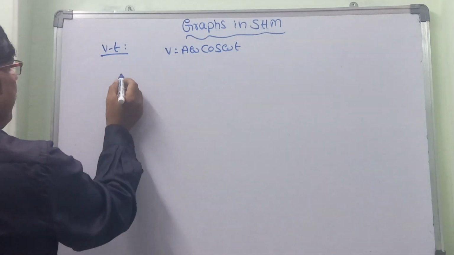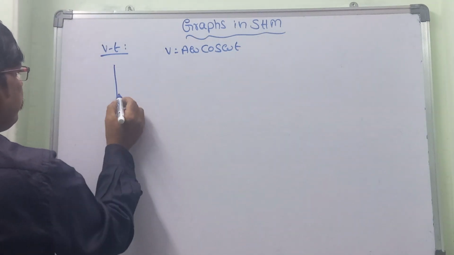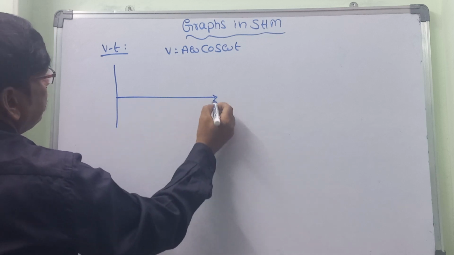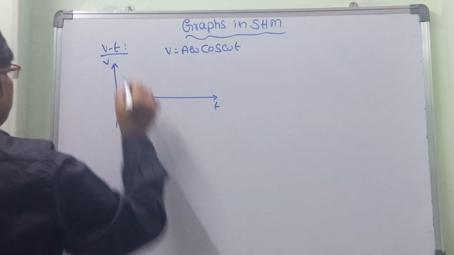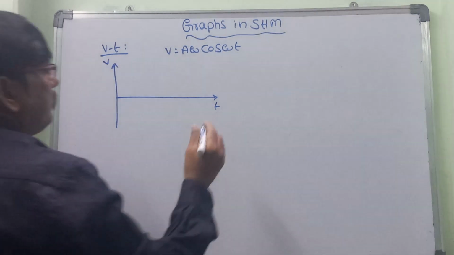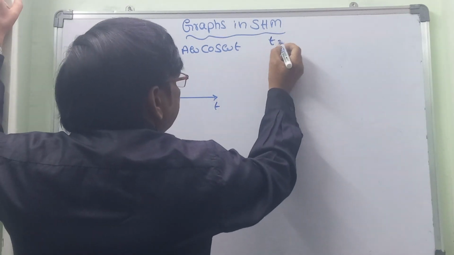Now let us consider this side is t, and this side is velocity, of course, then ωt we will consider. So first of all, let us start with t = 0.